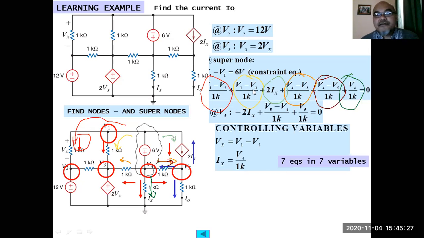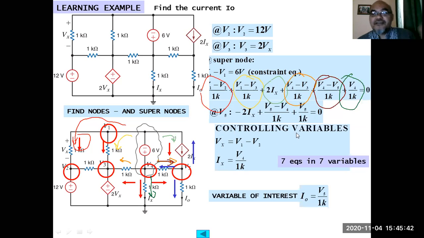So how many do we have? Equation 1, 2, 3, 4, 5, 6, 7. We have 7 equations and 7 variables, V1, V2, V3, V4, V5, Vx, and Ix. It's 7 unknown variables.